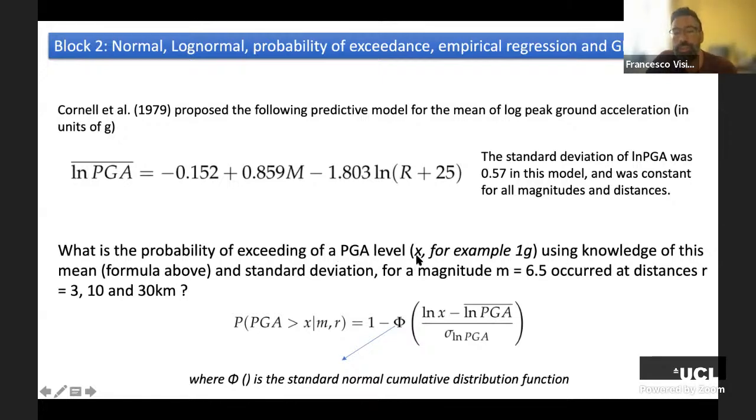We can indicate this PGA level with X and say, for example, 1g, using knowledge of the mean formula above and the standard deviation.